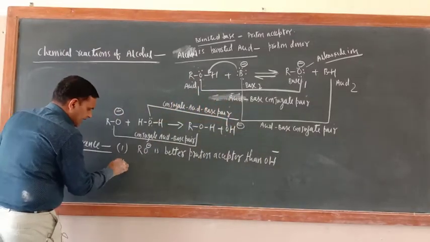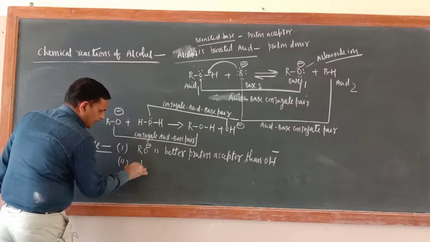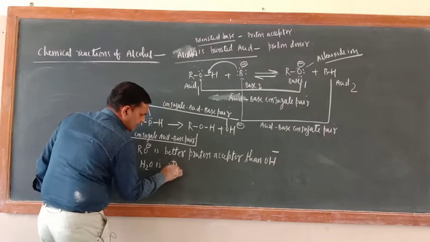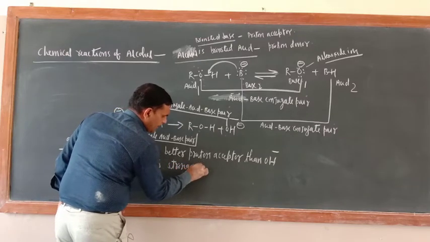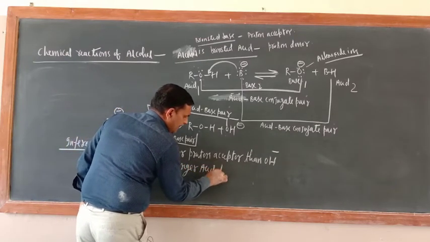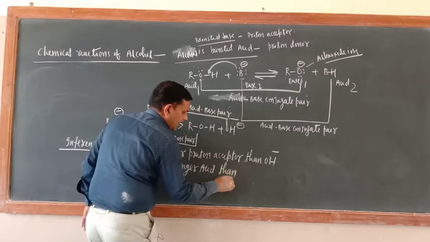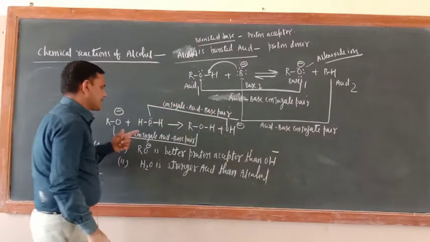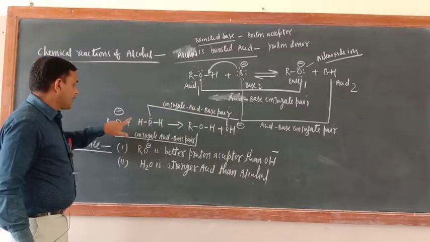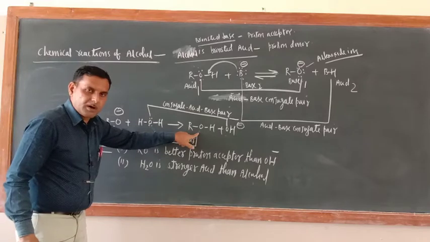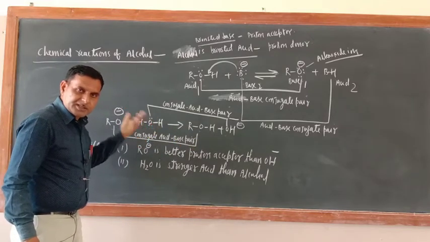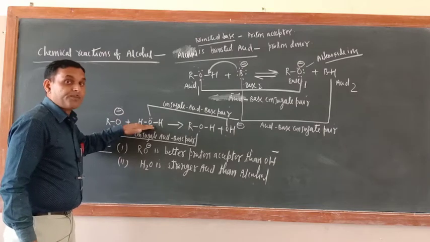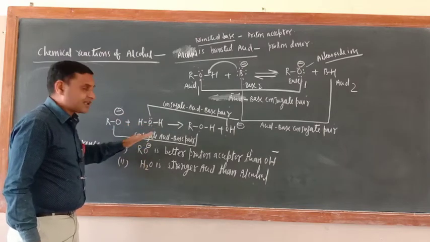What is the second inference? Water H2O is a stronger acid than alcohol. Just see, from the reaction only, this is giving proton to this one, that is why alcohol is formed. So this reaction indicates that water is a better proton donor, hence water is a better acid than alcohol.